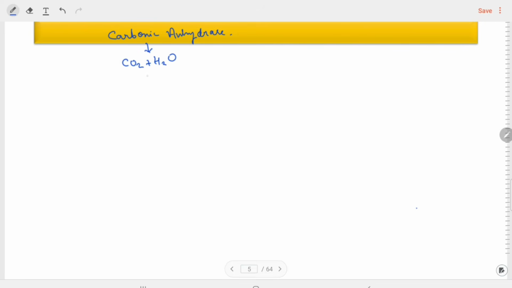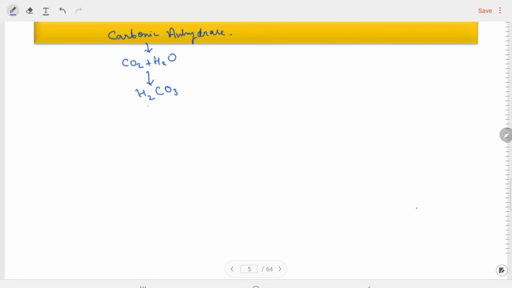The third one is carbonic anhydrase. In the ciliary epithelium, a reaction occurs between carbon dioxide and water, H2O, that will lead to the formation of carbonic acid.